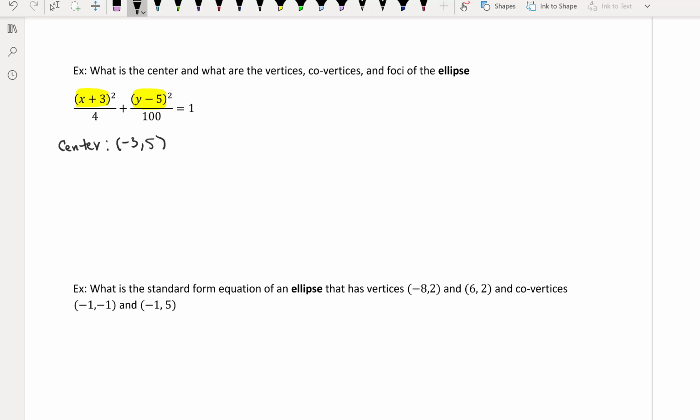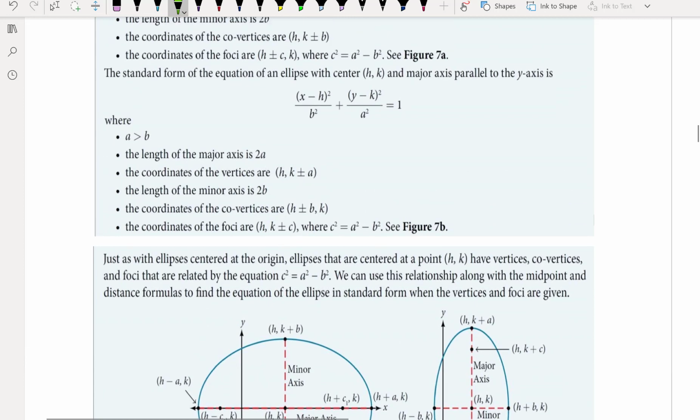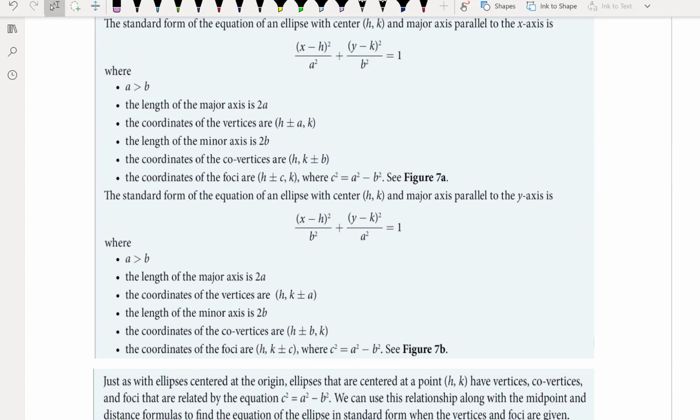All right. So now I'm going to be dealing with what is my a value and what is going to be my b value. So notice how the denominator on y is bigger. So if the denominator on y is bigger, then I'm going to be looking at this one.